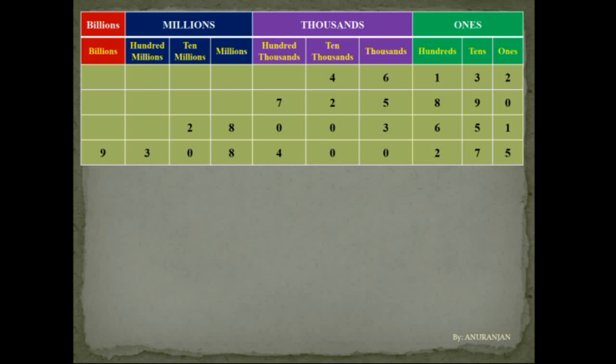So here 4 is in the 10,000 place, 6 is in the 1000 place. So 4 and 6 makes 46,000. So you can say 46,000. Then you have 1 in hundreds place and then 32. So 132. So it was almost similar like the Indian place value chart.